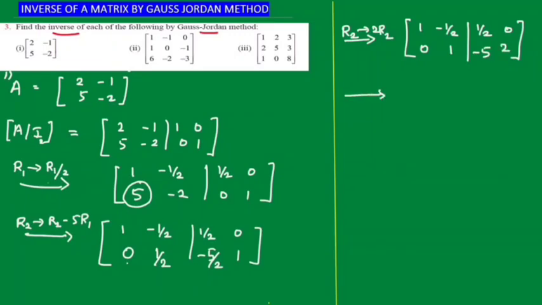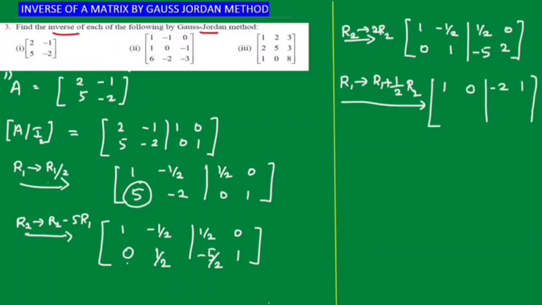Next I am going to change R1 to R1 plus 1 by 2 times R2. I want to bring this element to 0. So here we make the transformation. It becomes 1, 0, minus 2 and 1. The second row remains the same, minus 5 and 2.